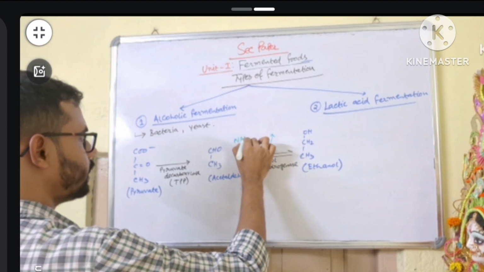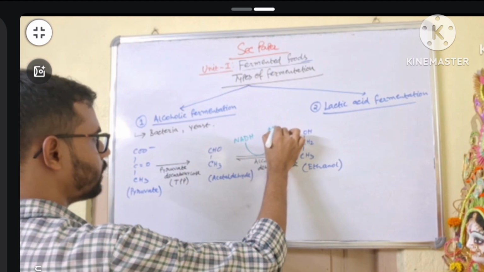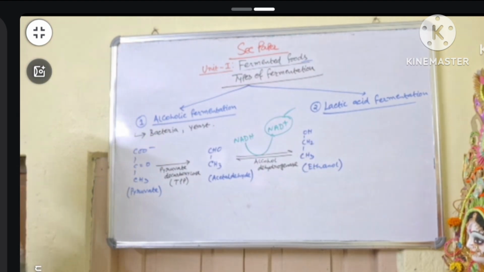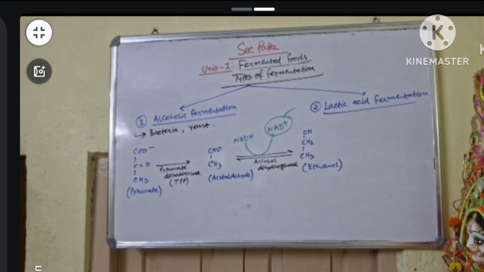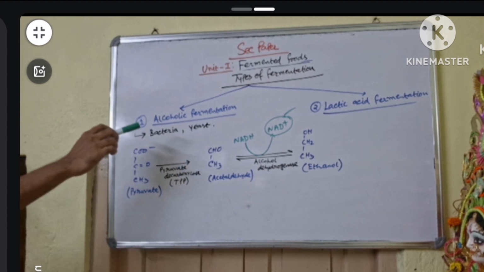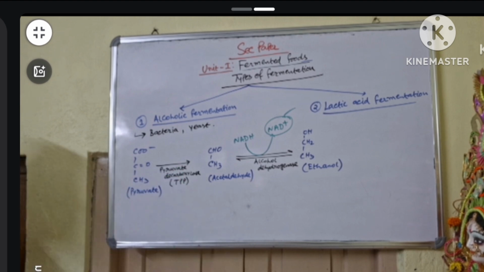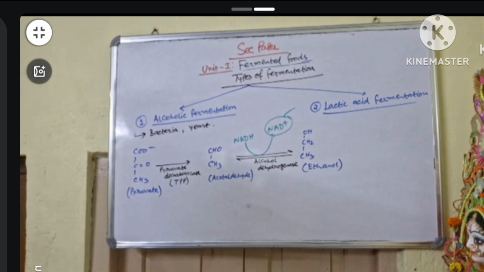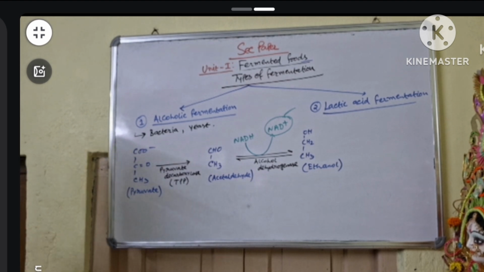One molecule of NADH is converted into NAD plus, which is the primary criterion of fermentation. Check that. So during alcoholic fermentation, NAD plus is generated and ethanol is the byproduct. We can use this byproduct to manufacture wine, beer, etc.